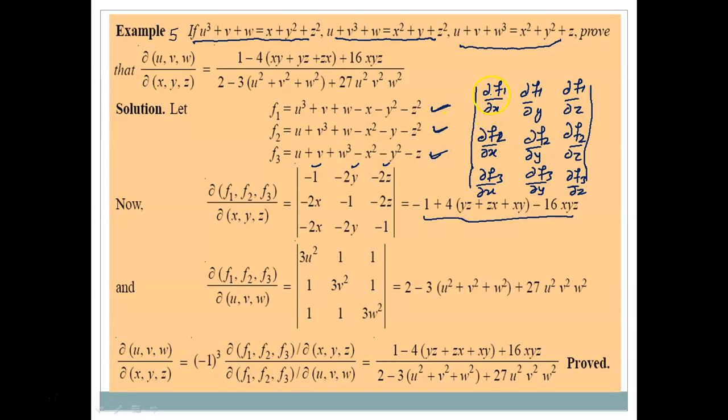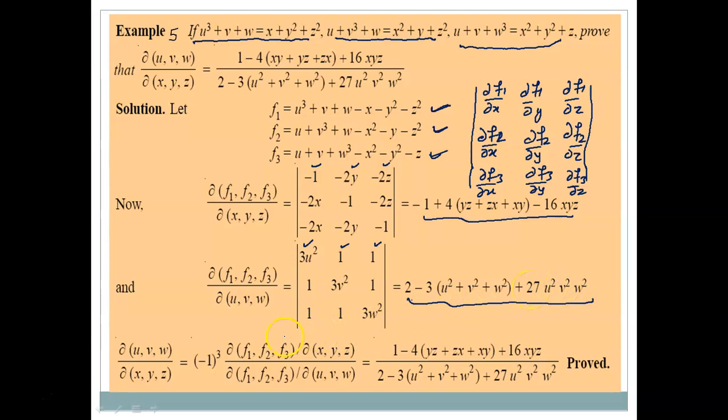For example, if you find ∂f1/∂u, you will get 3u². Similarly, ∂f1/∂v is equal to 1, and ∂f1/∂w is 1 again. In this way, you put the values in this determinant also, simplify it, and you get this expression.